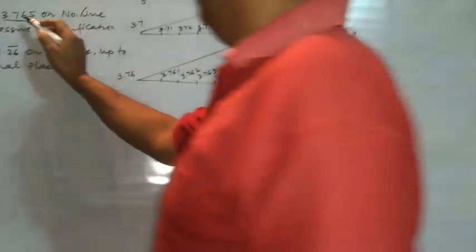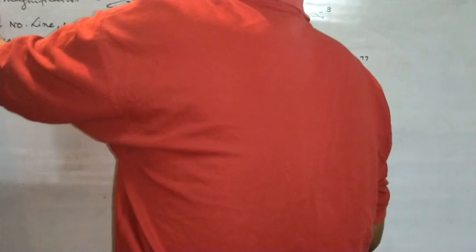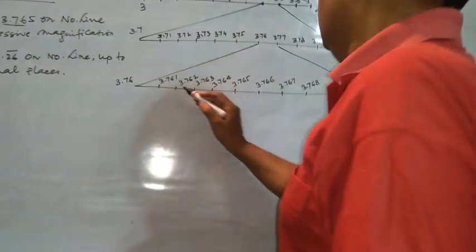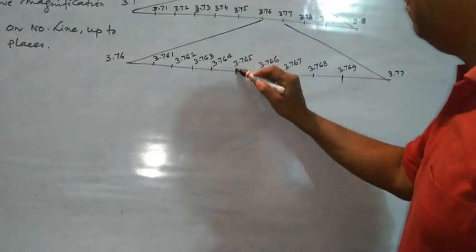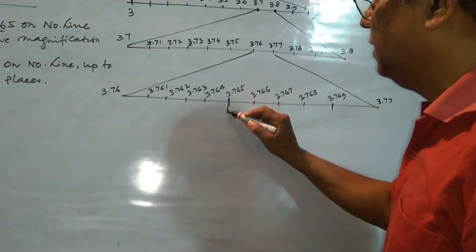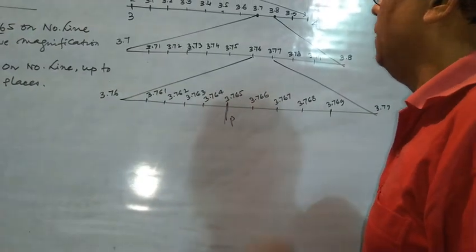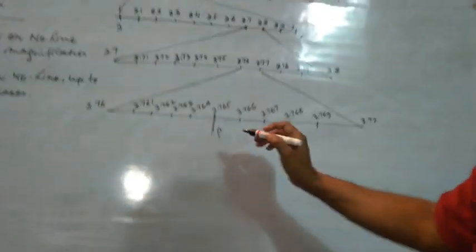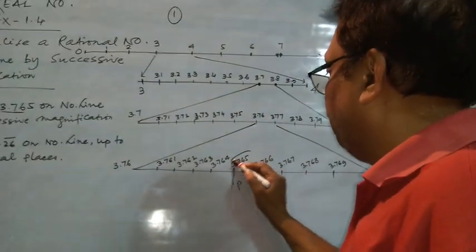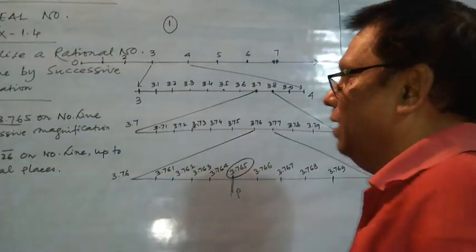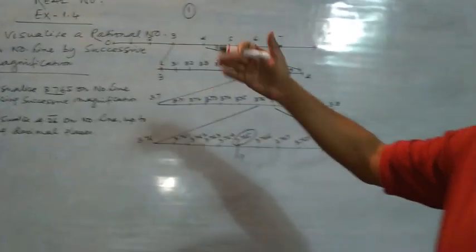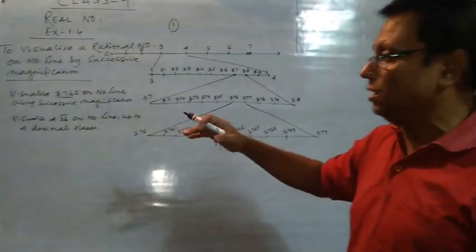Now we have to search 3.765. So this very point, represented by P, represents 3.765 on the number line by the method of successive magnification.